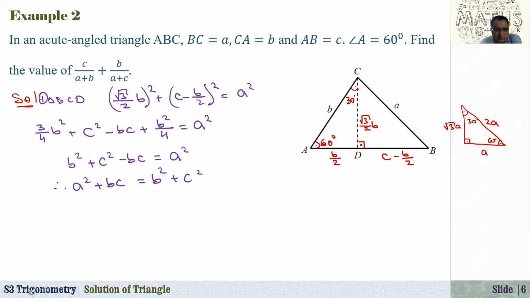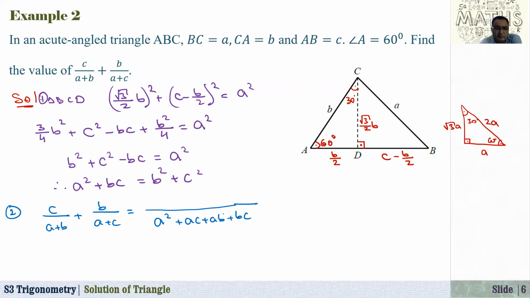And how about the second part? The second part, we have to find this expression, right? C over A plus B plus B over A plus C. So now if you just express this as a single denominator fraction, A plus B times A plus C, that's equal to A squared, and here we have AC, B times A is AB, and B times C is BC, right?